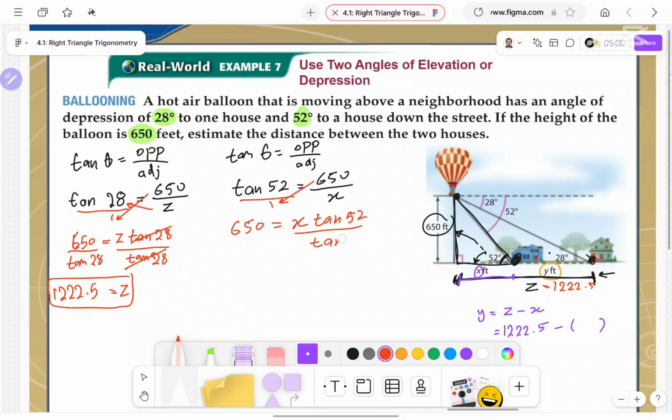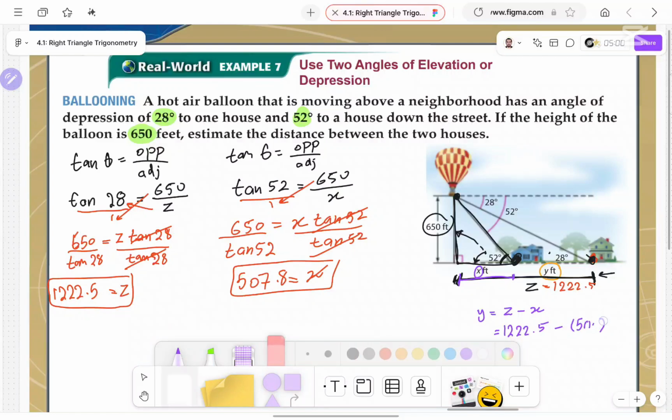Now we divide both sides by tan 52. So 650 divided by tan 52. We cancel the tan, so x is equal to 507.8. So now I found x, which I can write here, 507.8.